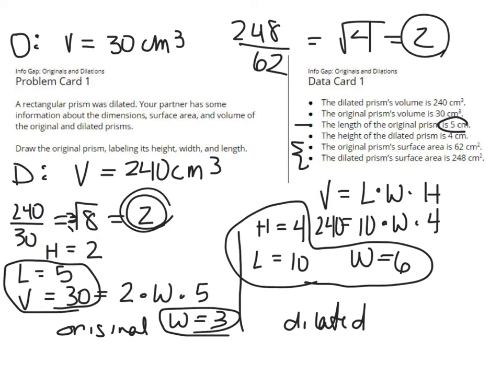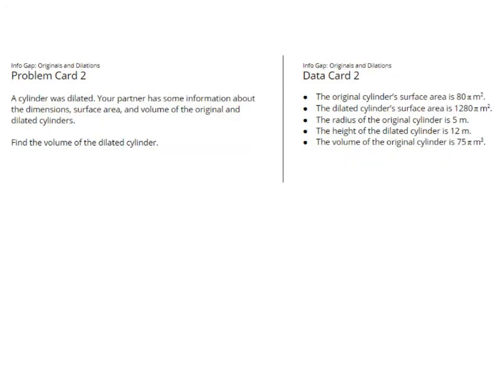Let's try it again. Problem card 2. Your cylinder was dilated. So we have a cylinder, right? I'm probably going to need that room, so I'm going to erase that. Let's figure some things out. So the original cylinder's surface area was 80 pi. The dilated surface area is 1280 pi.